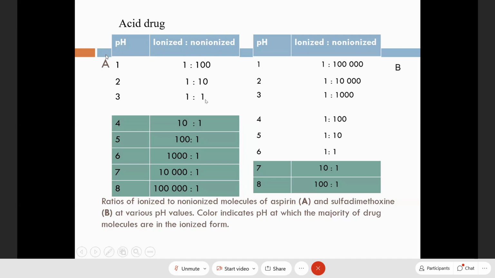If the pKa is 3, anything below the pKa, that means a pH that is more acidic than the pKa, like 2 or 1, the drug will be predominantly in the non-ionized form.